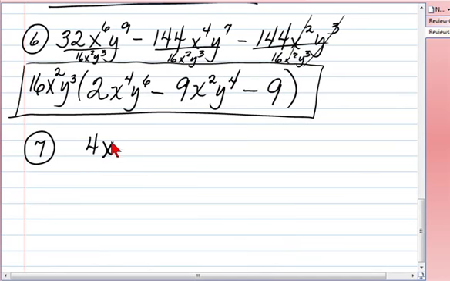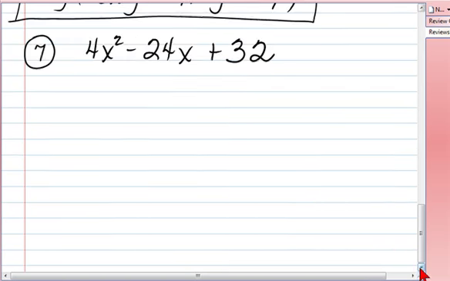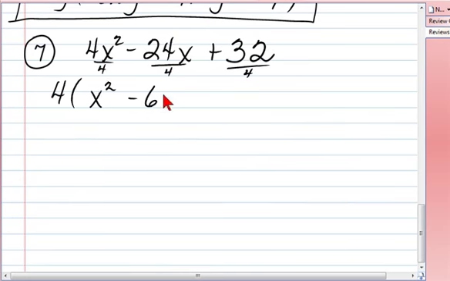I have 4x squared minus 24x plus 32. First question, is there a common factor? And you see a 4, okay? If I divide by 4, divide by 4, divide by 4, that will give me x squared minus 6x plus 8.